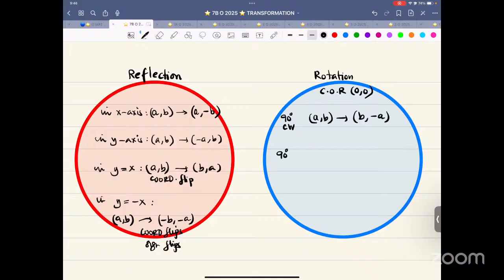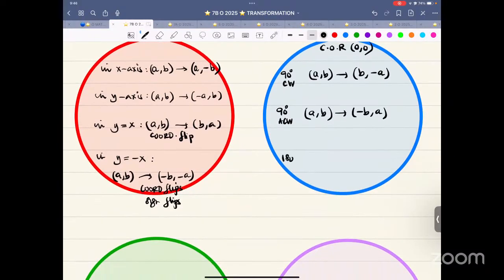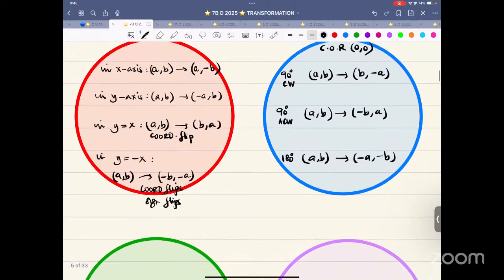If it's 90-degree anti-clockwise, (a, b) will become (negative b, a). And I'll write down these statements. 180-degree doesn't make a difference, clockwise or anti-clockwise: (a, b) will become (negative a, negative b).